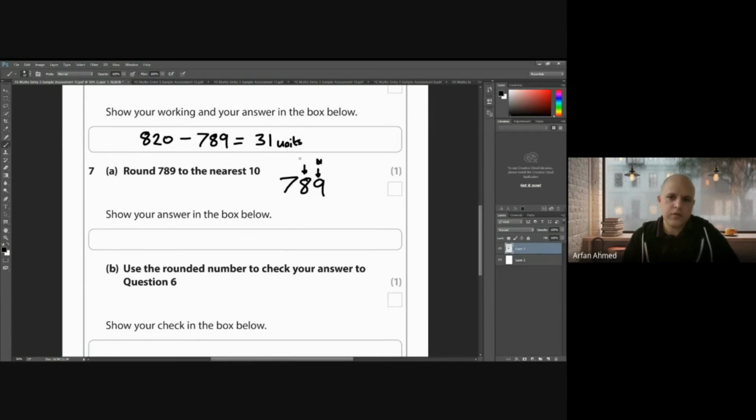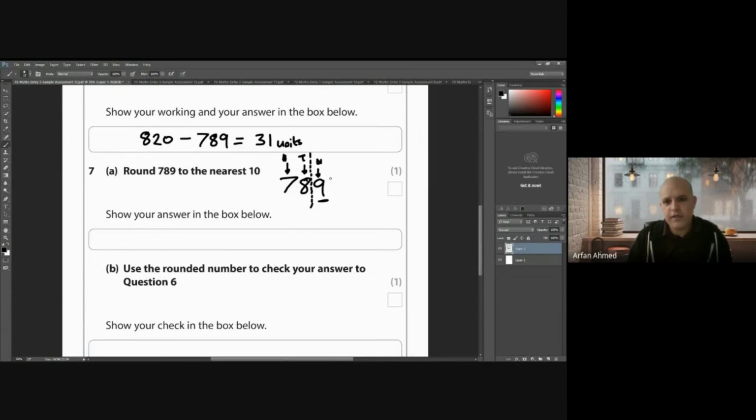That's your tens. That's your hundreds. So to the nearest 10, that's when you do your dotted line. That's going to decide what happens to your tens column.